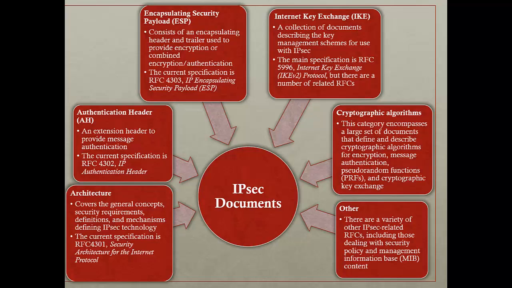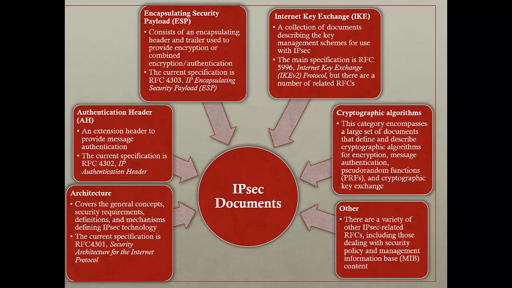Now, one protocol is called Authentication Header, and it's an extension header to provide message authentication. The current spec is RFC 4302, IP Authentication Header. Because message authentication is provided by ESP, the use of AH is deprecated. It is included in IPsec version 3 for backward compatibility, but should not be used in new applications.